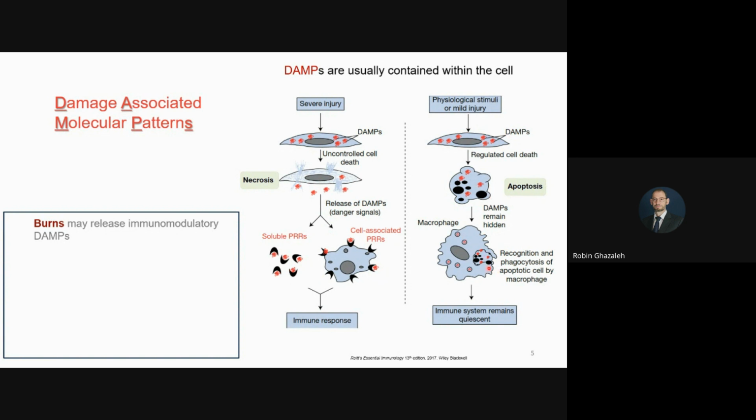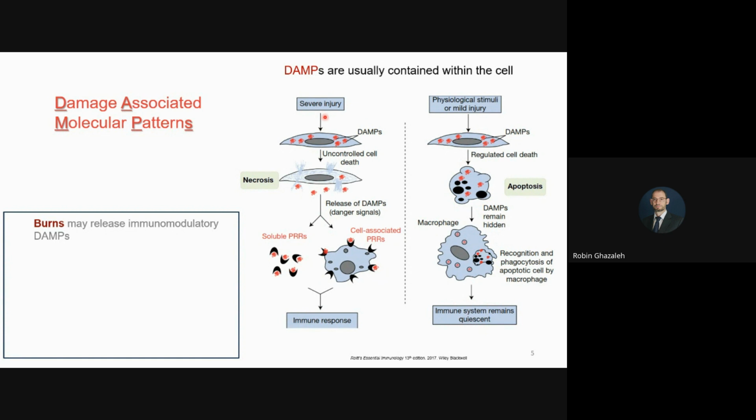So there's no release of these danger signals. And the immune system then is quiescent. Quiescent sounds like quiet, doesn't it? Quiescent means that it's quiet. The immune system does not get activated with controlled cell death.